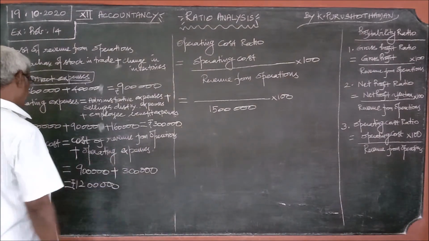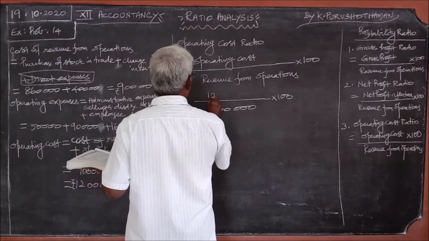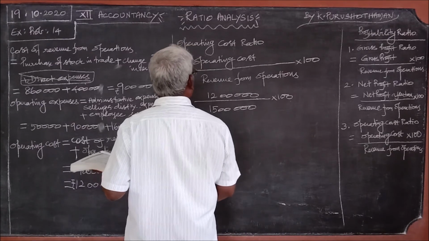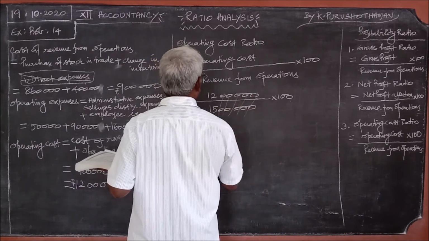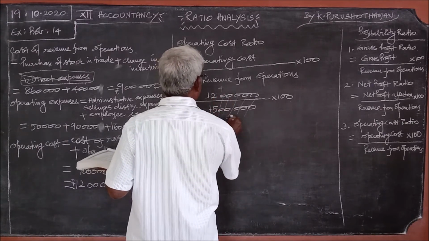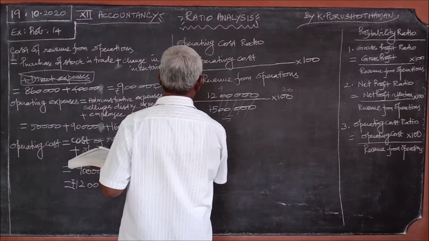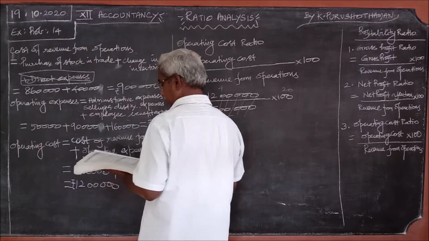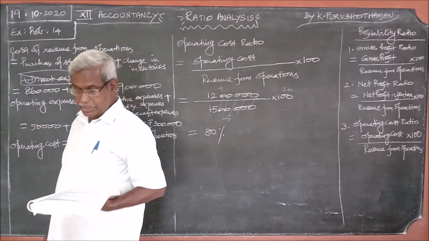Now we can write there the numerator value we have found out as 12 lakhs. Simplify now. All 5 zeros cancel. 4 threes are 12, 5 threes are 15. 5 simplify, this is 20. 4 into 20, 80%. This is the operating cost ratio.